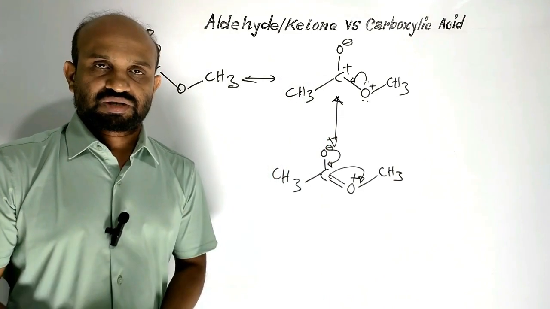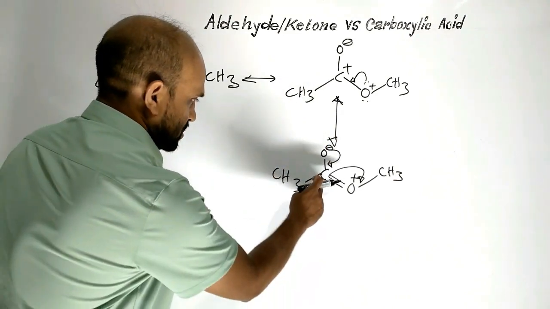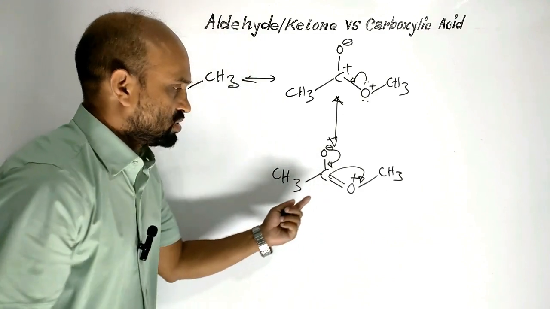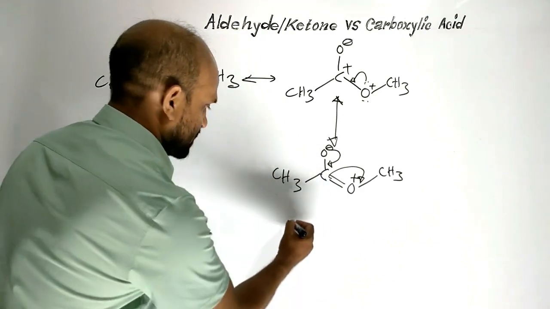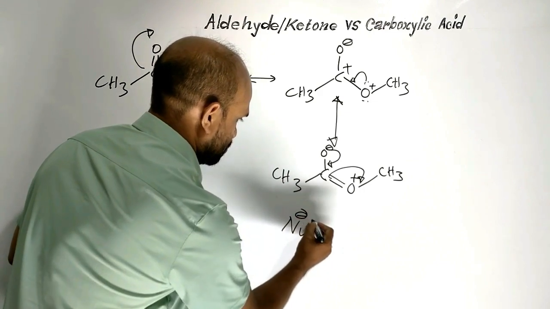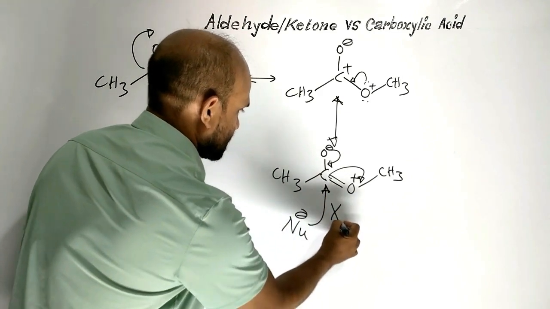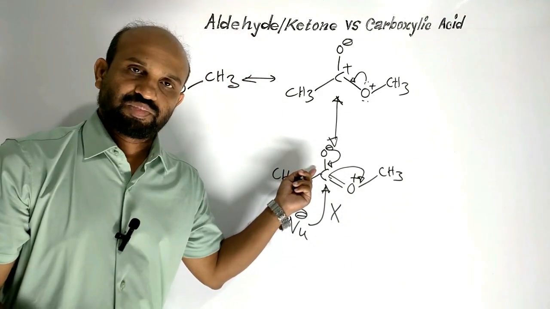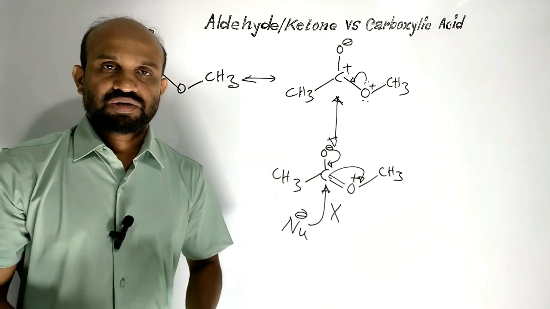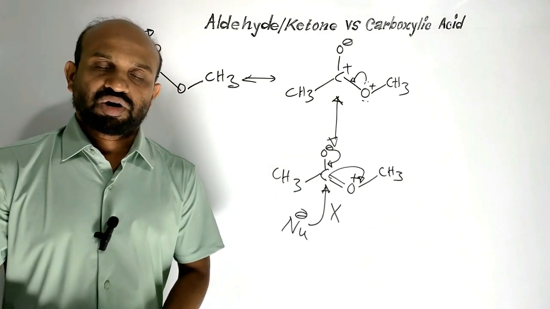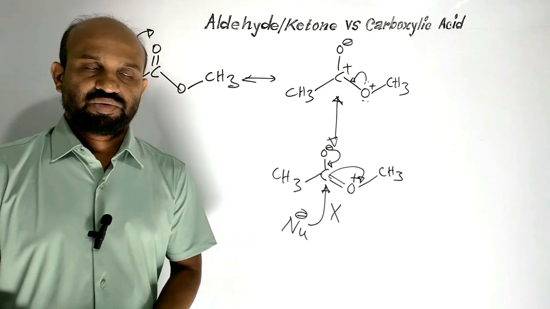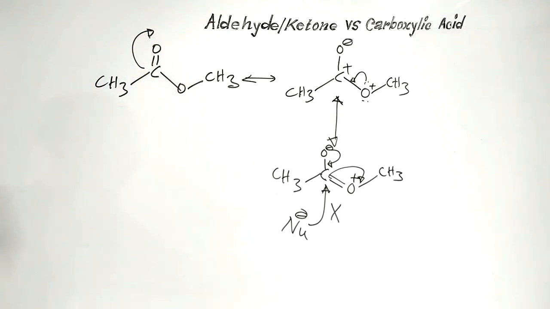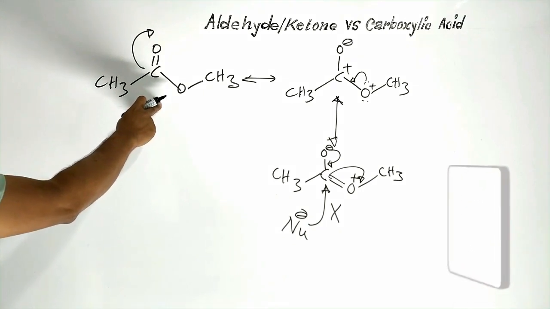Through these resonance structures, the carbonyl carbon loses its positive charge. That is why nucleophile cannot attack this carbonyl carbon of the carboxylic acid derivative. This is the reason for not undergoing nucleophilic addition reaction by carboxylic acid and carboxylic acid derivative.